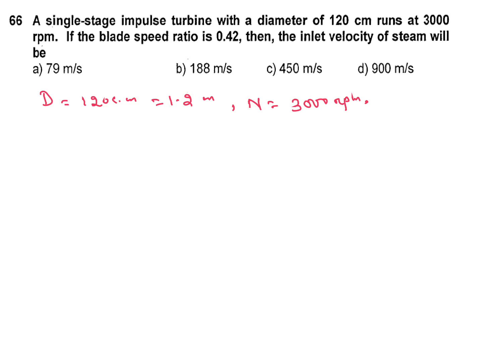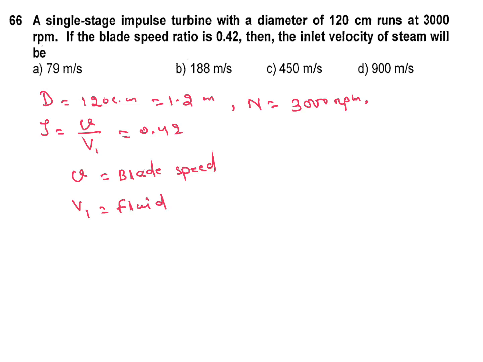Blade speed ratio, rho, is u by V1, small u by capital V1, it's 0.42. Inlet velocity of steam we have to calculate. Here u is blade speed, small u, and V1 is fluid velocity at blade inlet.